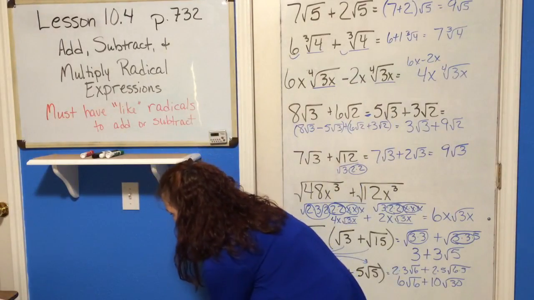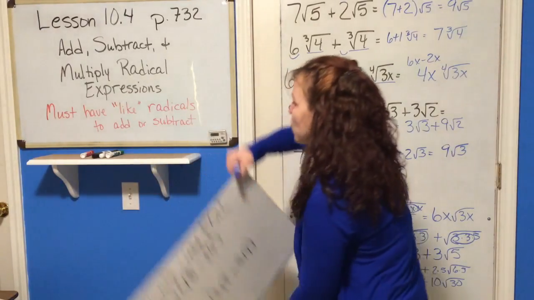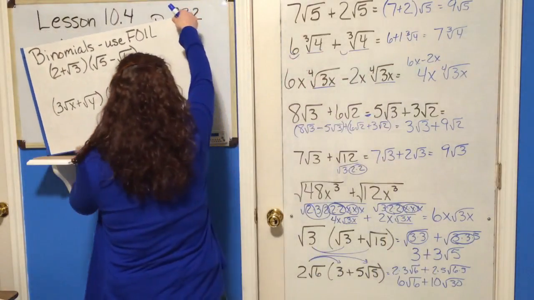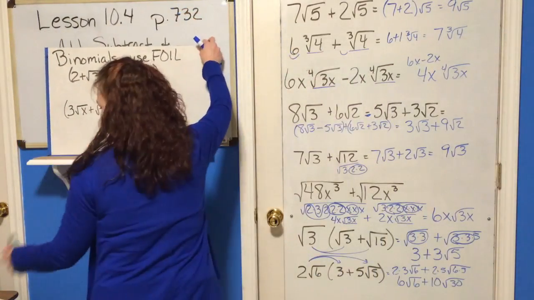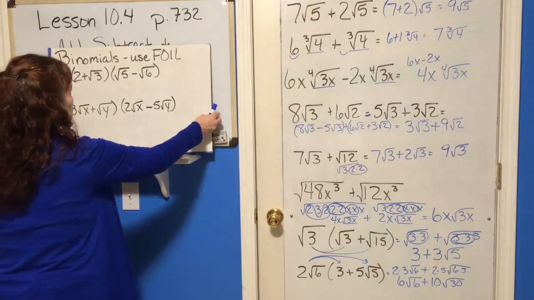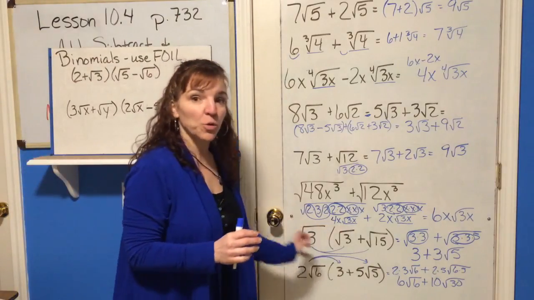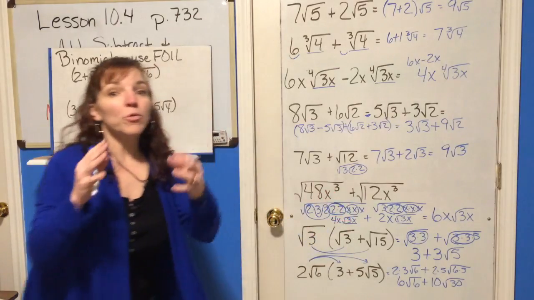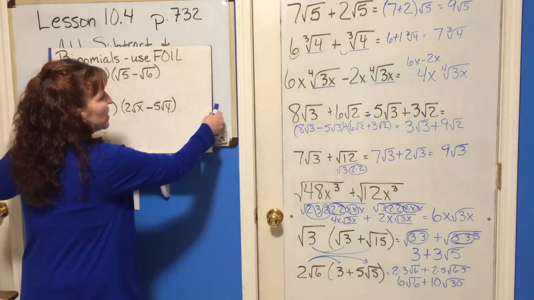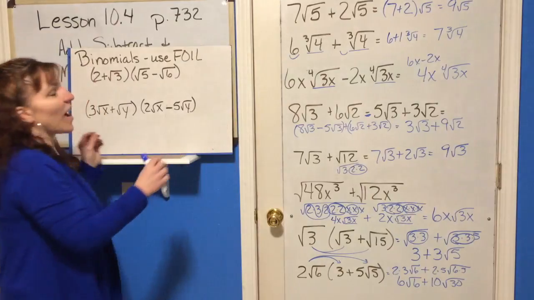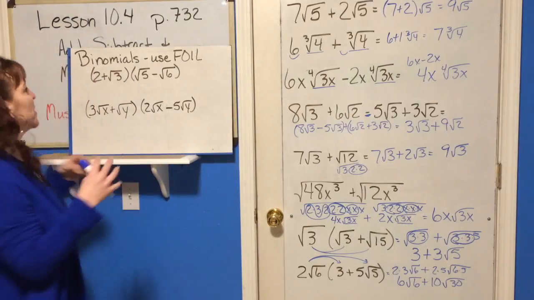If you're multiplying binomials, don't forget that you have to use FOIL. All right, so remember when we multiplied a monomial times a binomial, we distributed that through. Remember when you're multiplying by binomials, you've got to use FOIL. You've got to multiply every part by every part.